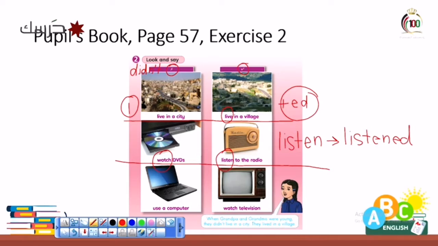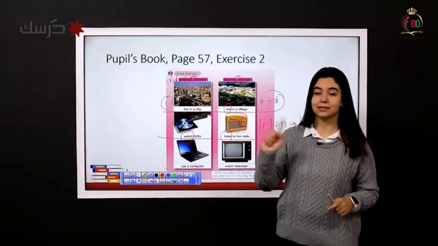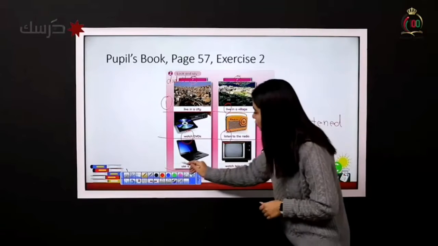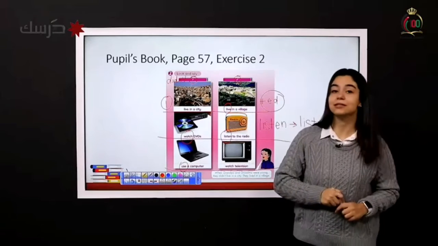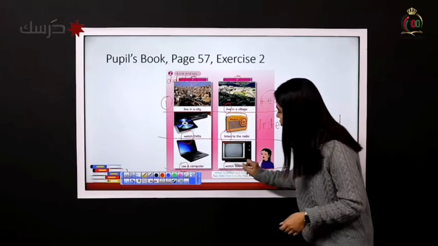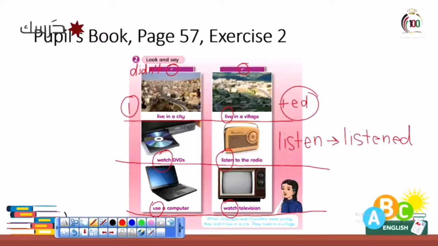Now, let's move to the third sentence. When Grandpa and Grandma were young, let's move to the didn't. They didn't use a computer, so use becomes didn't use. But they watched television, so watch becomes watched. We add, of course, ed.